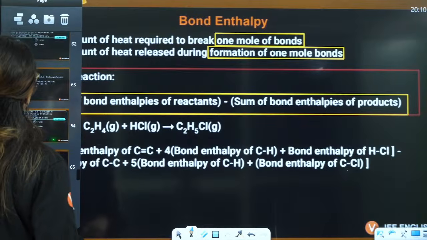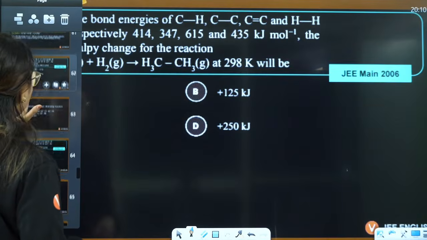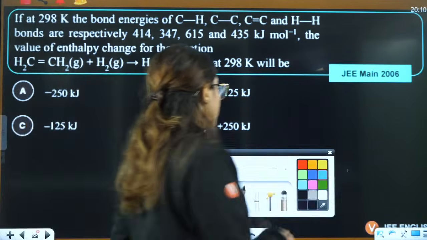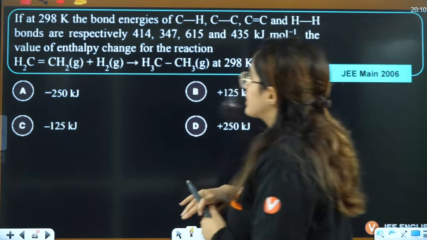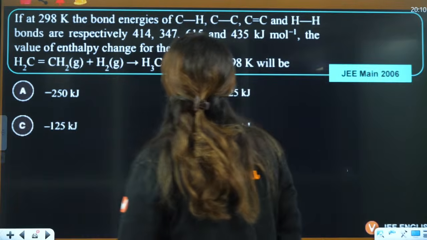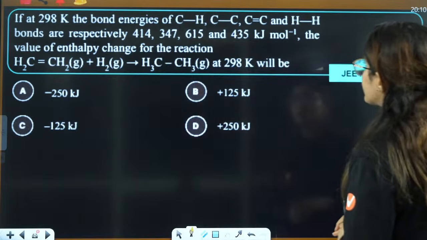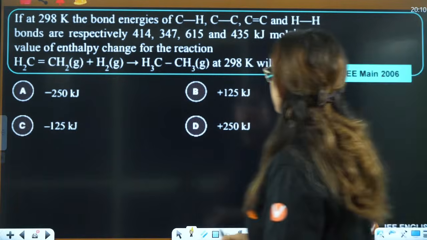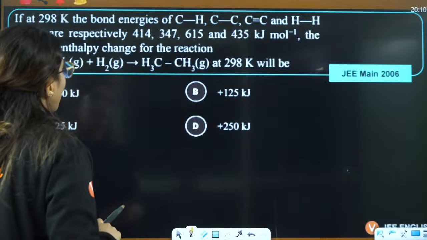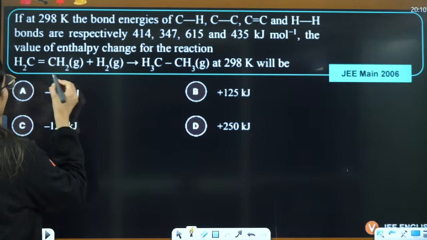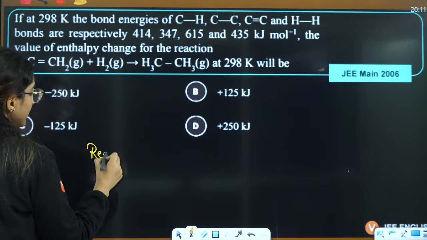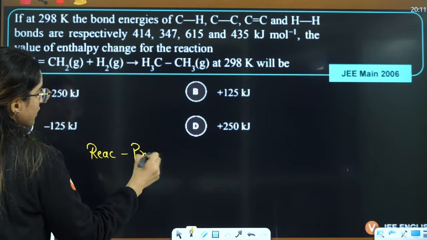Okay. I'll just show you a question based on that, how it is written. If you see the JEE 2006 question, these bond energies, CH, C double bond C, are given to you, and the value of enthalpy change for this reaction is asked. So this reaction is going to be reactants minus products.